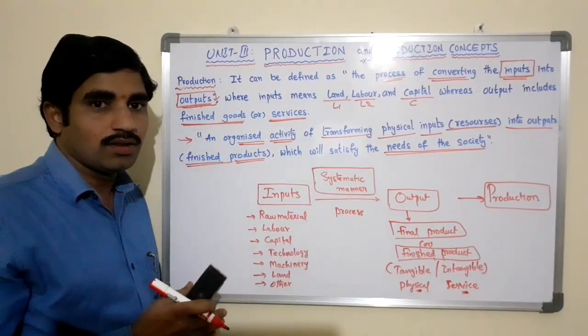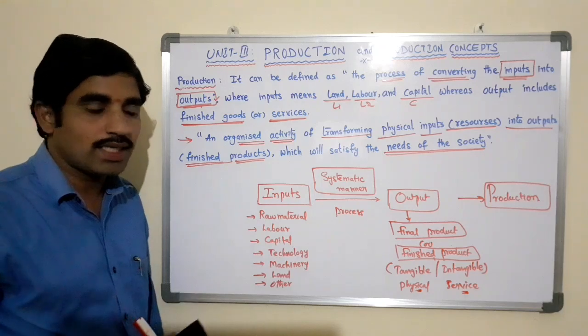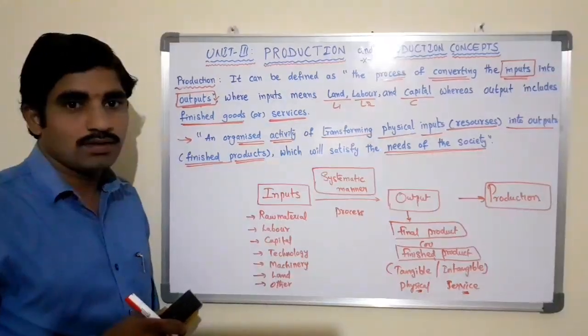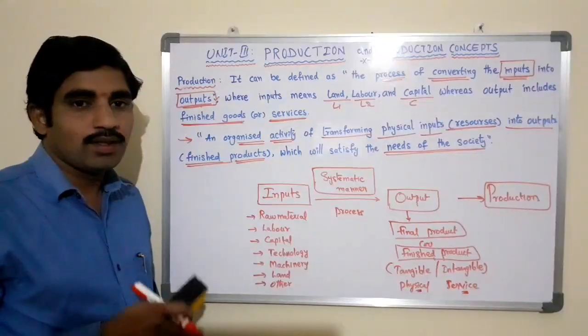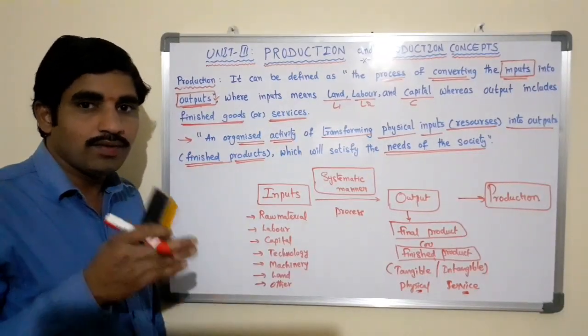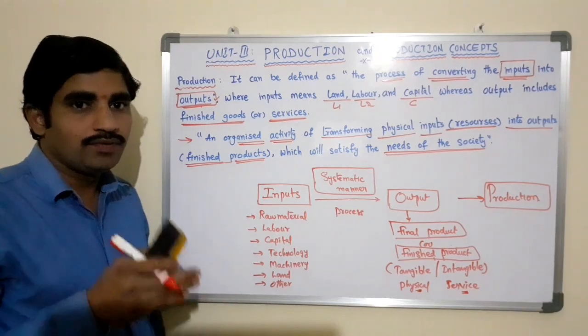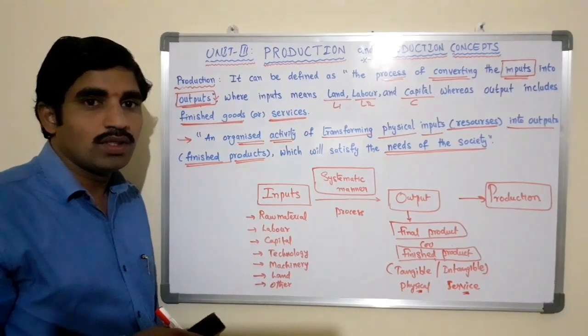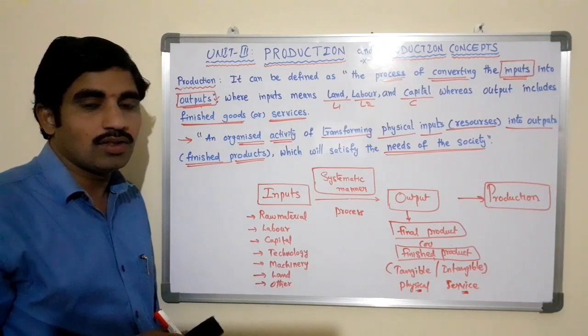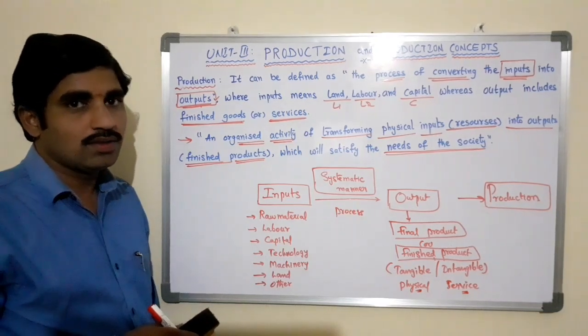That physical unit or intangible service must satisfy human needs in the market. It can also be defined that production is an activity, whether physical or mental, which is directed to the satisfaction of other people's wants through exchange in terms of money or money's worth.